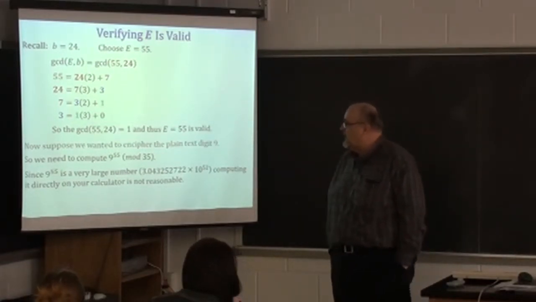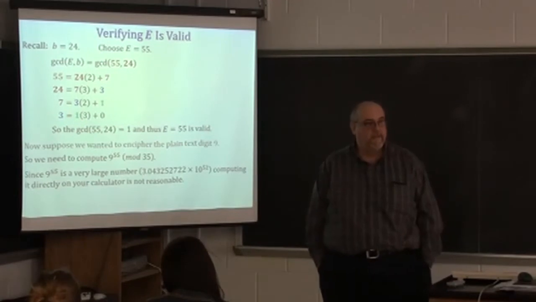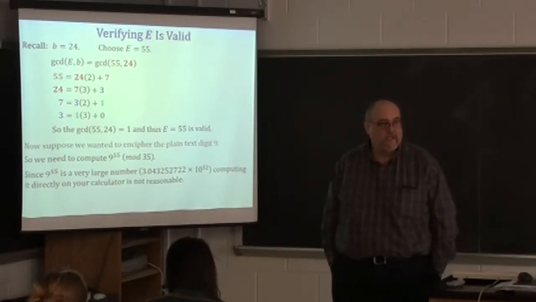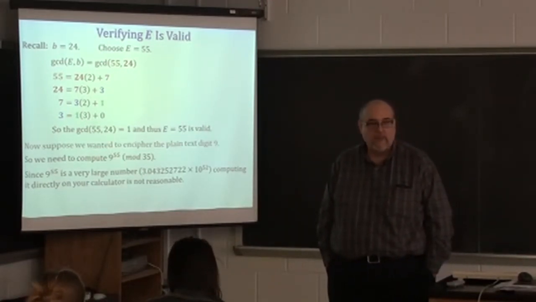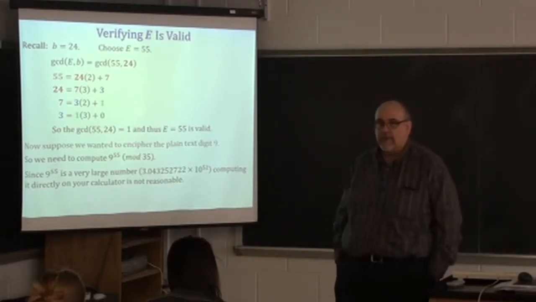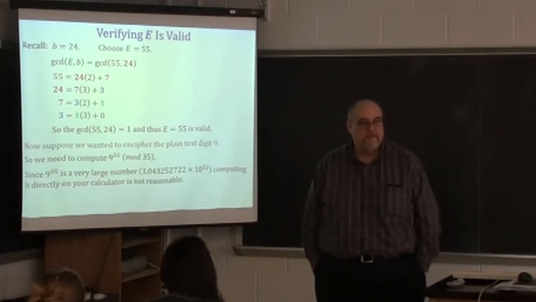Well, we could do 9 times 9, which gives us what? 81, and then we could mod it by 35. Now, how do we do 81 mod 35?